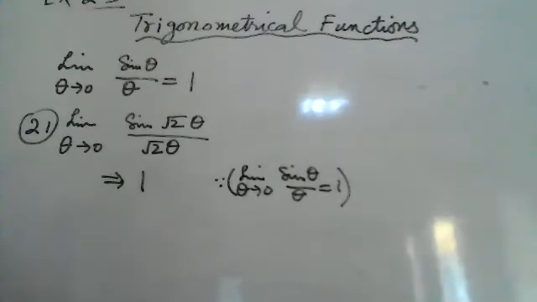So this is question number 21. Now question number 22: sin kt upon t, limit t tends to 0.